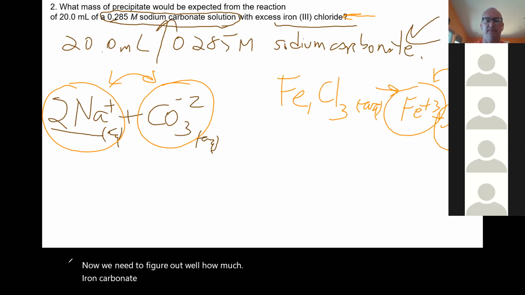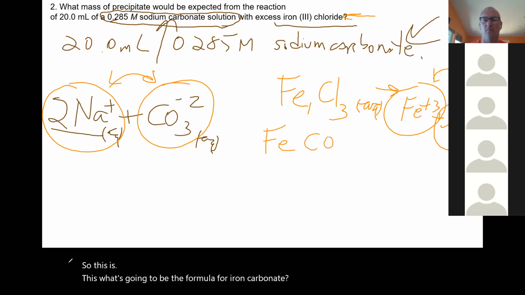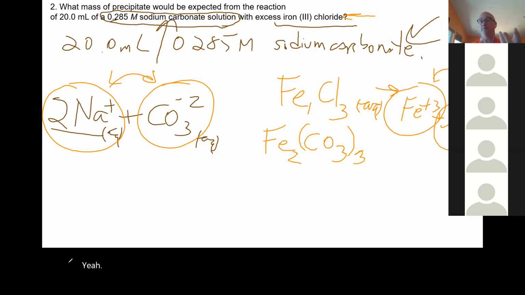What's going to be the formula for iron carbonate? Fe2(CO3)3. Yeah, and you can see why that would precipitate, right?